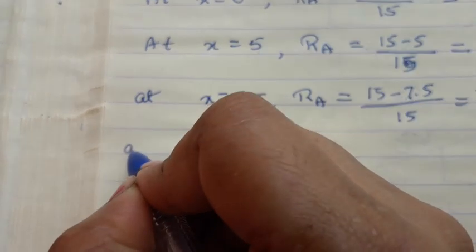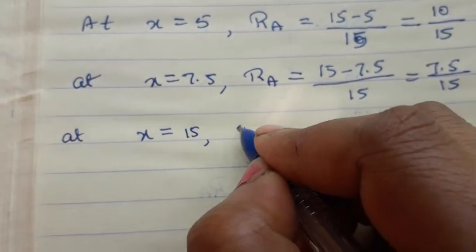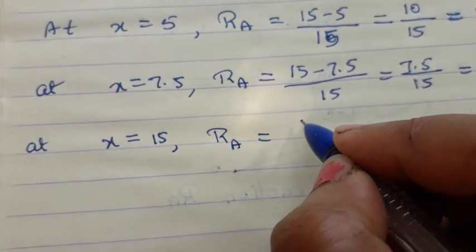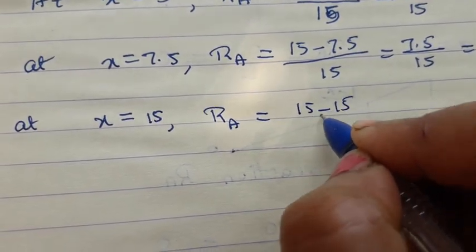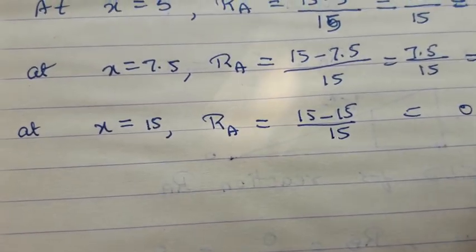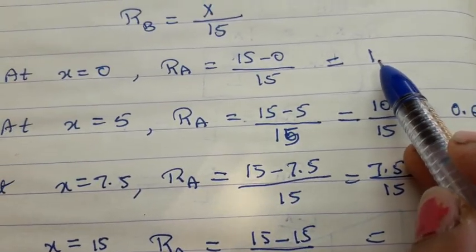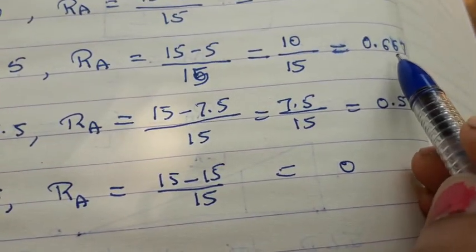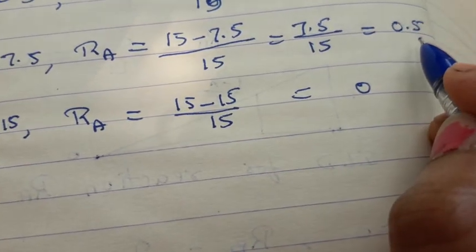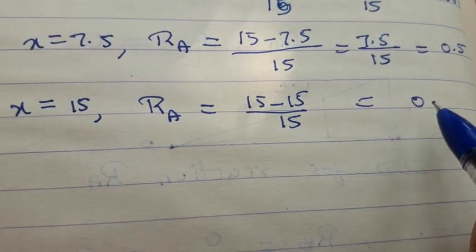Now, the last condition at x is equal to 15. RA is equal to (15 minus 15) by 15, which is equal to 0.